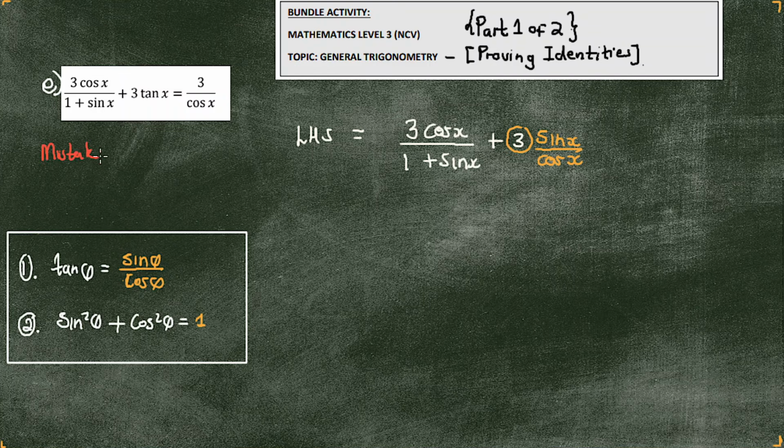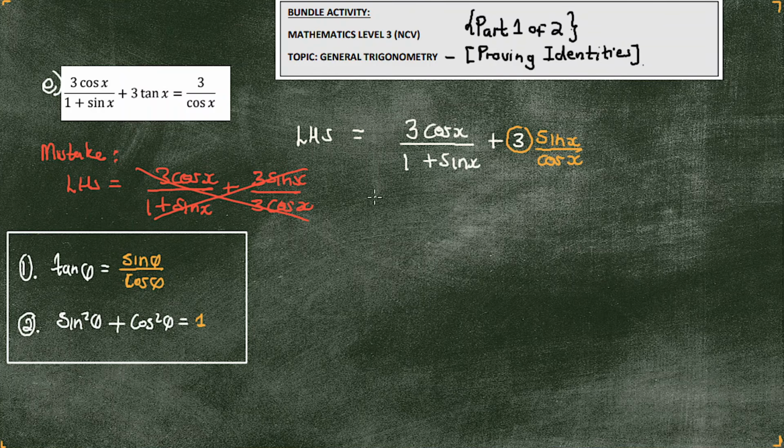The mistake would be doing this: left hand side equal to 3 cos x over 1 plus sine x plus 3 sine x over 3 cos x. This is completely wrong. There's only one 3 in front of the tan x, so keep it like that.